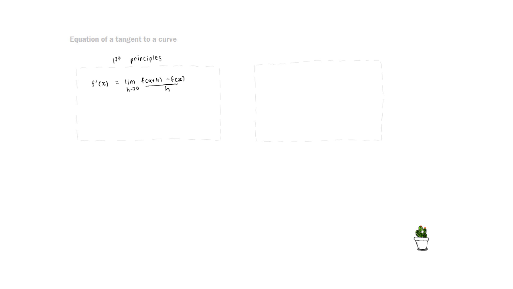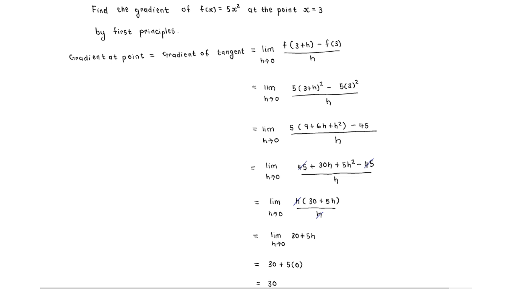If they wanted you to find the gradient at a point using first principles, which is essentially the gradient of a tangent line at that point, we would say f prime of a is equal to the limit as h tends to 0 of f of a plus h minus f of a, all divided by h. This is when you want to get the gradient at that point immediately.